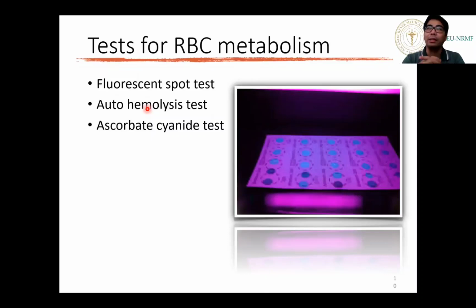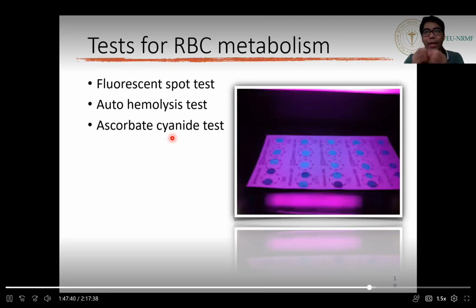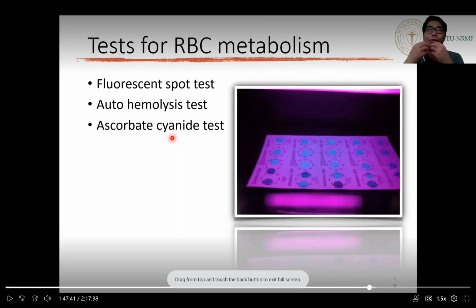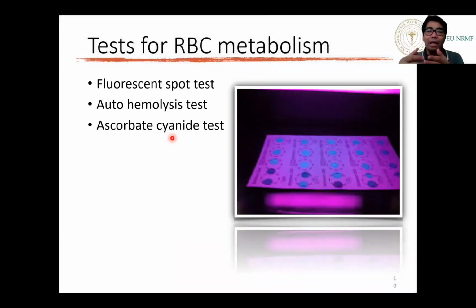Now, how about the ascorbate cyanide test? The objective of the ascorbate cyanide test is to check the activity specifically of the pentose phosphate pathway, or the hexose monophosphate pathway. Because the main objective of the hexose monophosphate pathway is to provide a sufficient amount of reduced glutathione. If you recall our discussion of the hexose monophosphate pathway, its objective is to give our red blood cell enough supply of reduced glutathione.